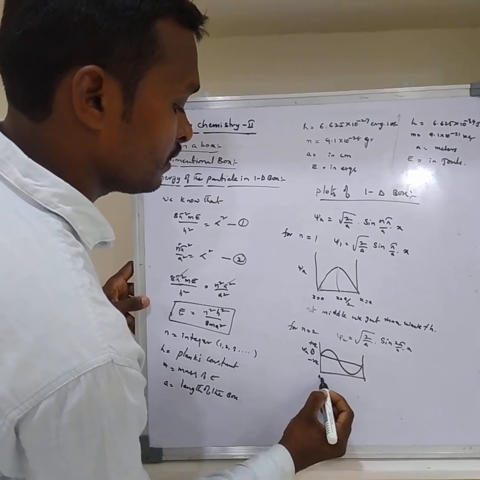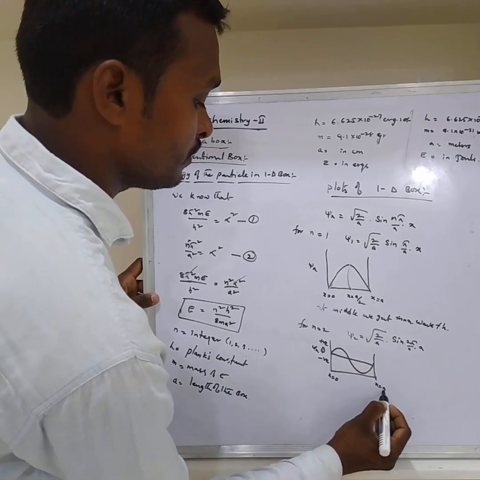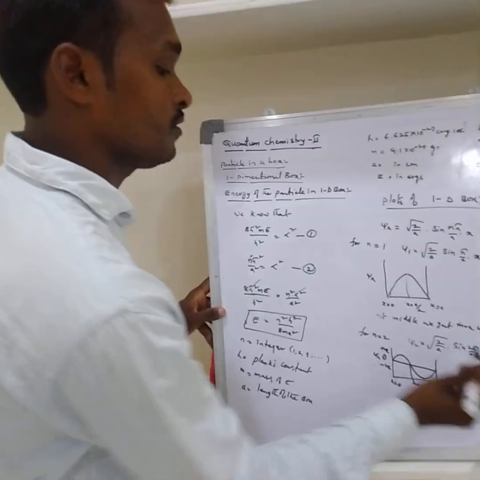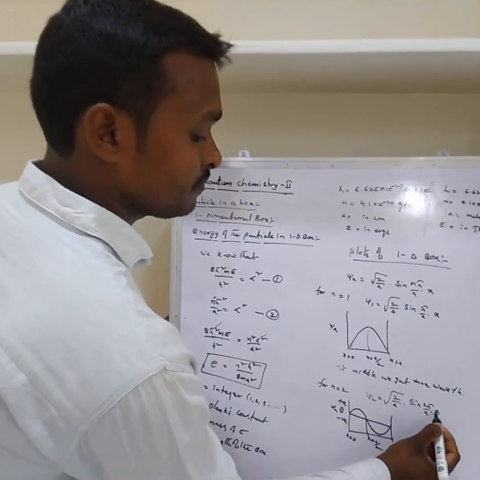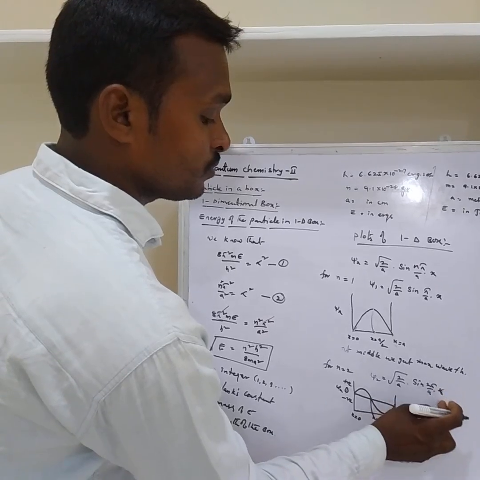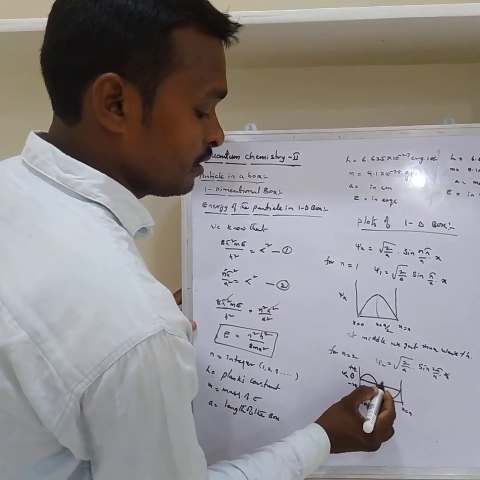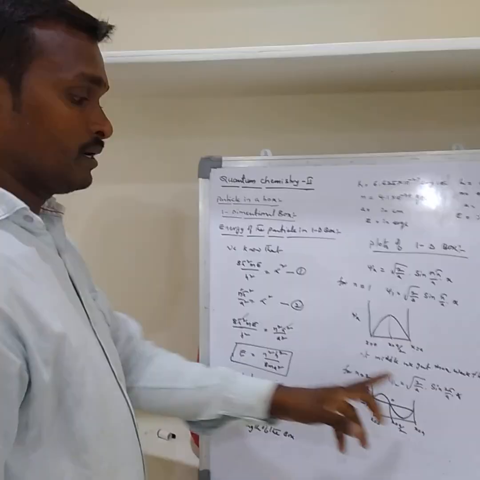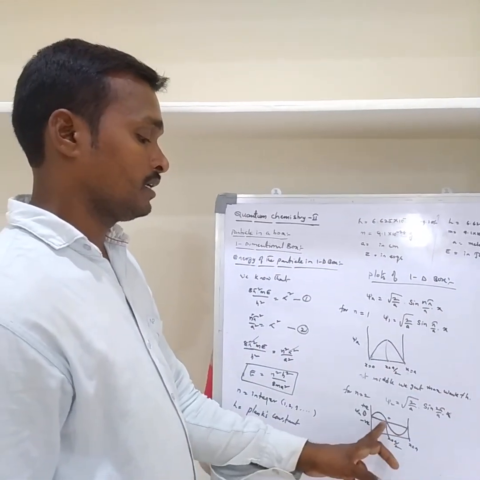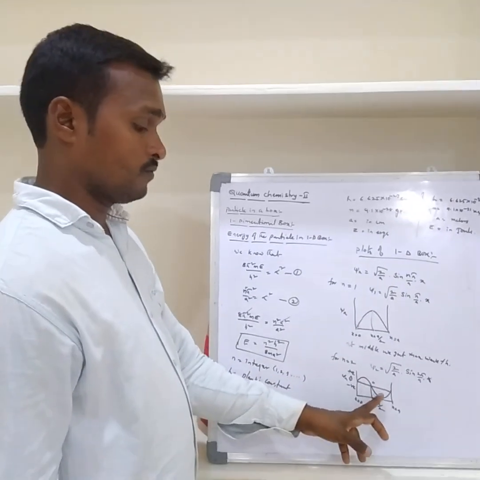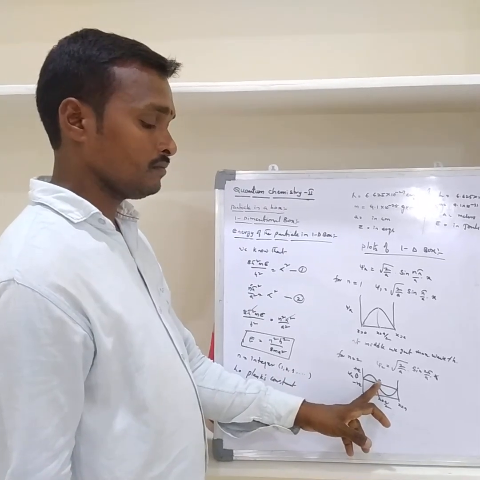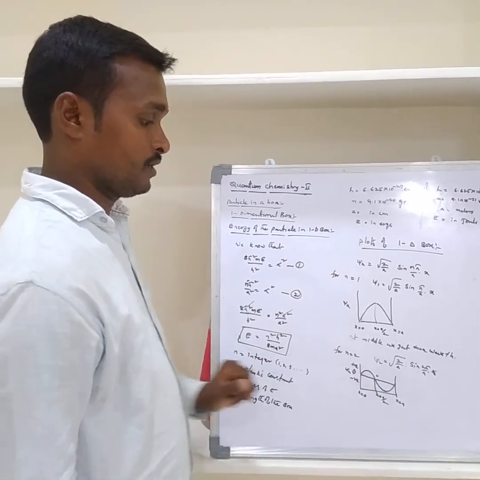Observe x equal to a by 2: the a gets cancelled, the 2 gets cancelled, sin pi. At the middle of the box we get 0, but for n equal to 1 we got a maximum wave function at the middle. Here two half nodes were obtained, one complete node, but at the middle of the box we get a 0 wave function.